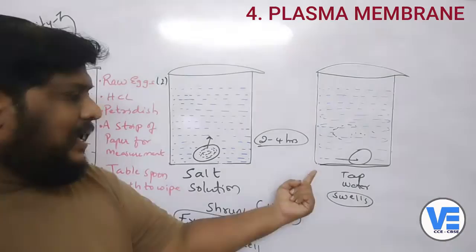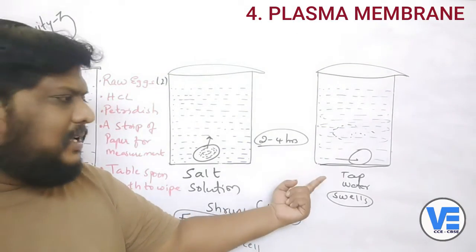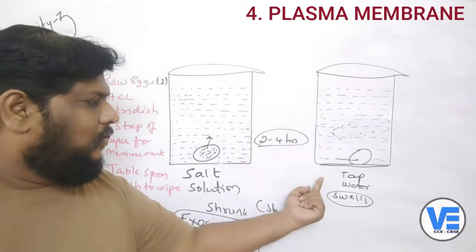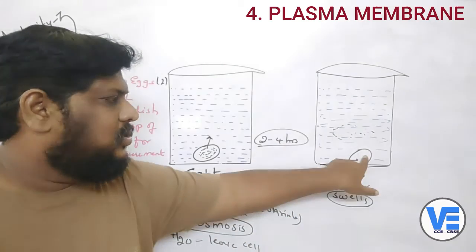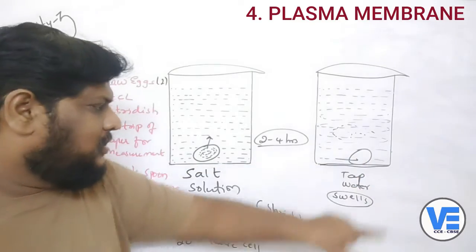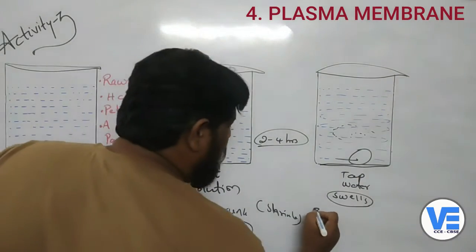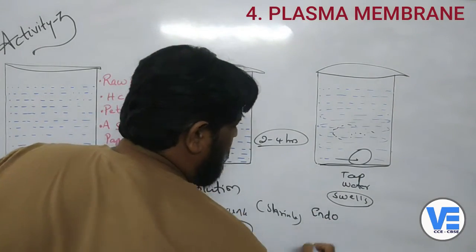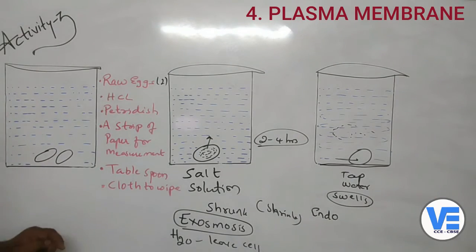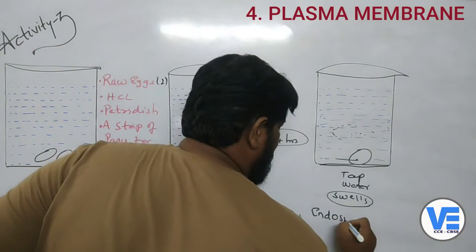If you see the egg, it is swollen. The reason is that the water from the beaker has entered into the egg, and this process is called endosmosis.